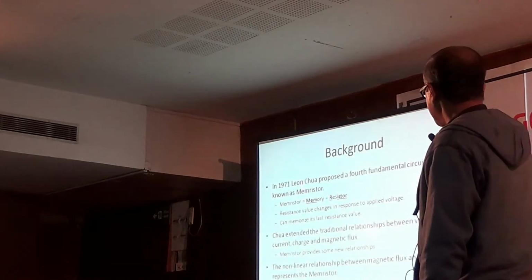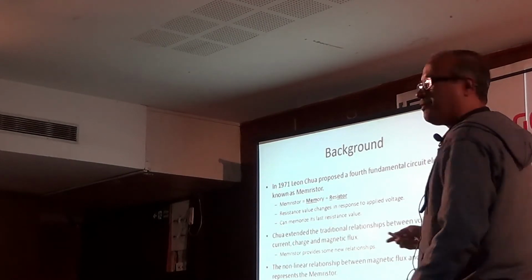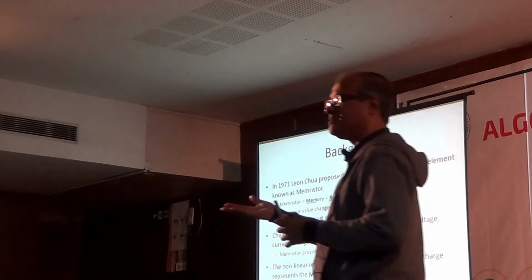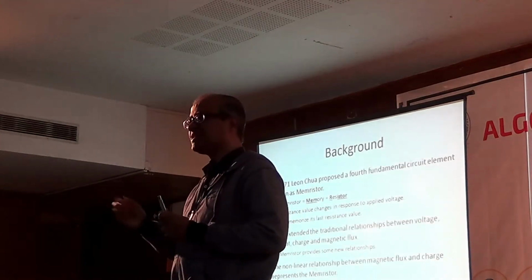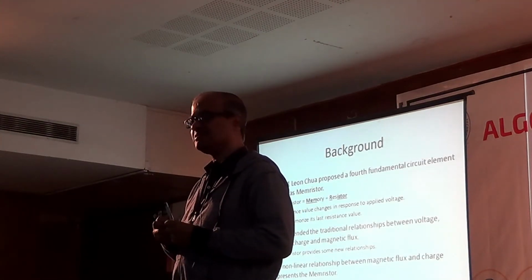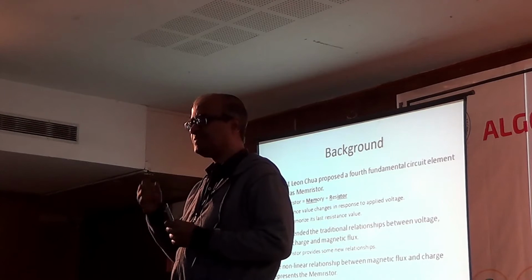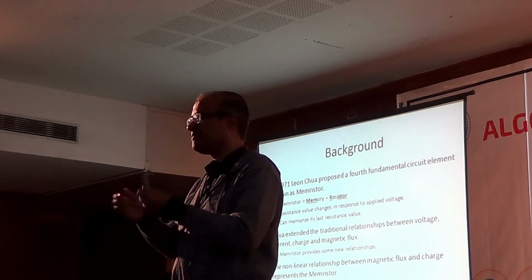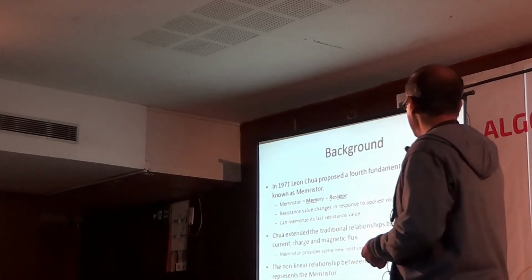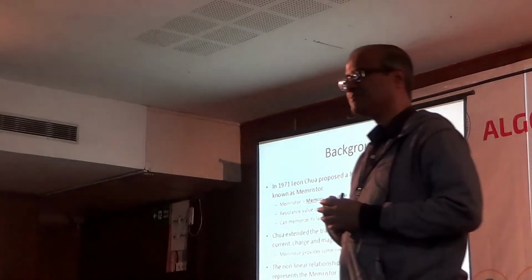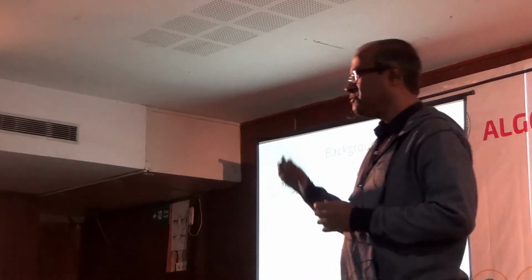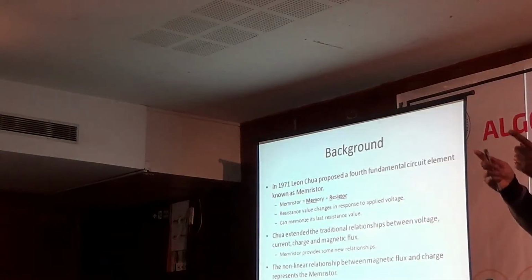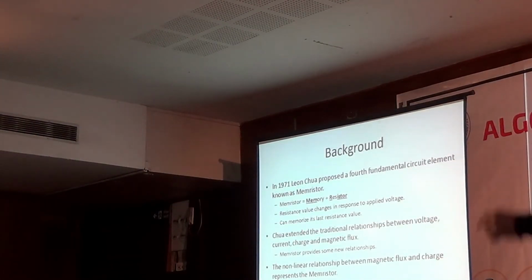You see, one basic property of a memristor, unlike the other circuit elements like inductor, capacitor and resistor, is that you can change the value of the resistance by applying a suitable voltage across it. And the most interesting thing is that once you have done that, and you withdraw the voltage, the resistance value will remain.